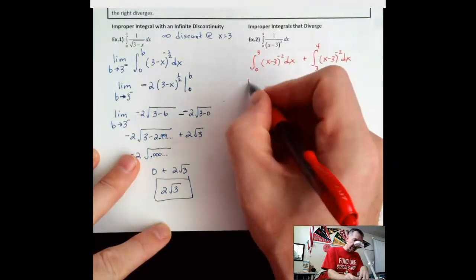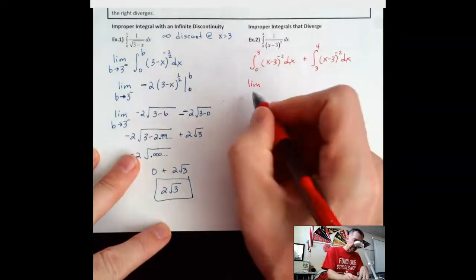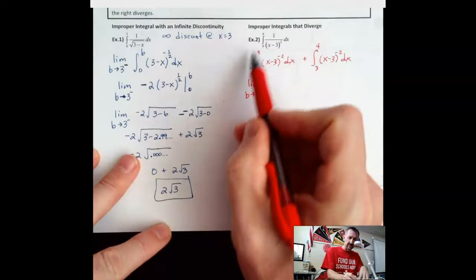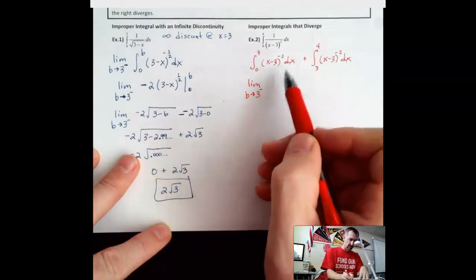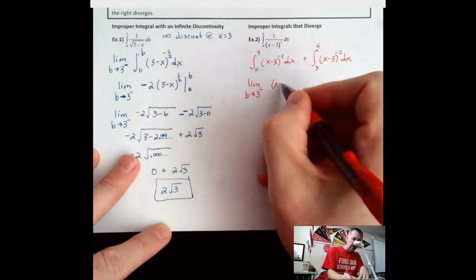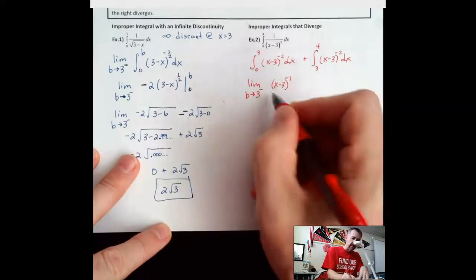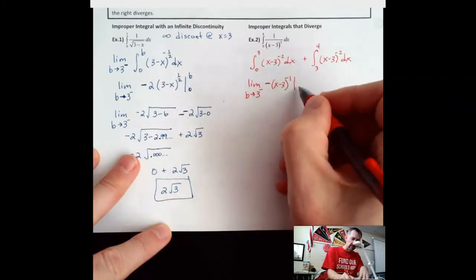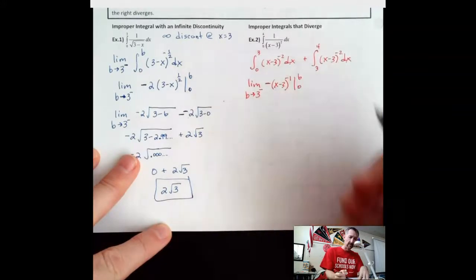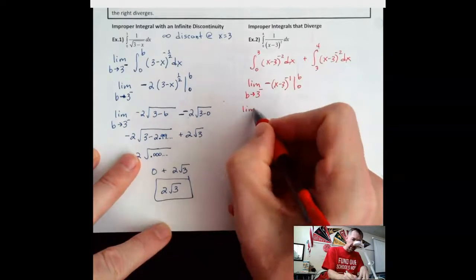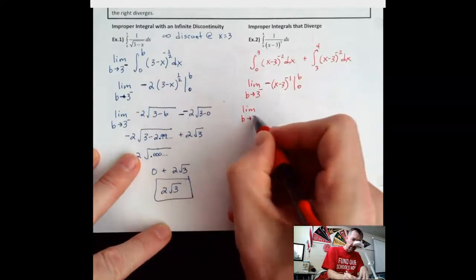So we're going to take the same thing we did over here. So the limit as b approaches 3, and this is the left side over here. So I'm going to integrate that. So add 1 to the exponent, divide by the new exponent, and then that's going to be from 0 to b. All right, so let's write that limit down one more time.